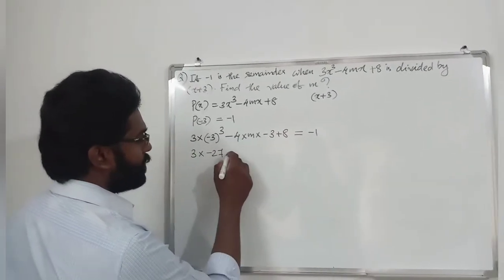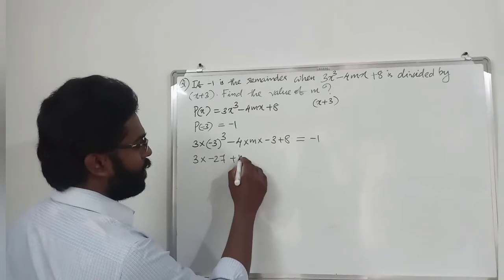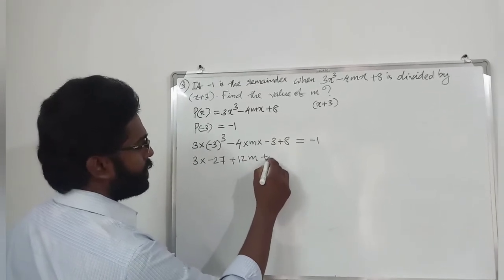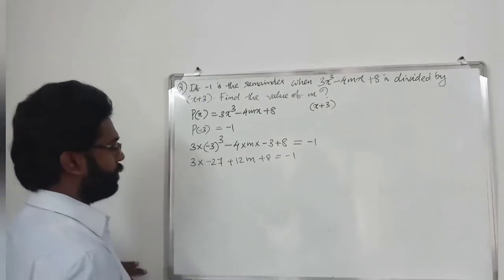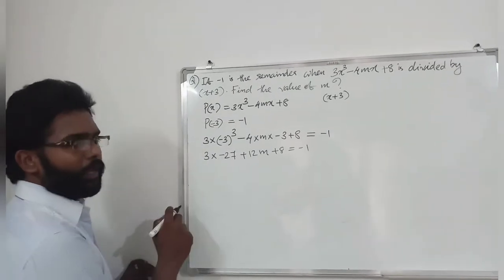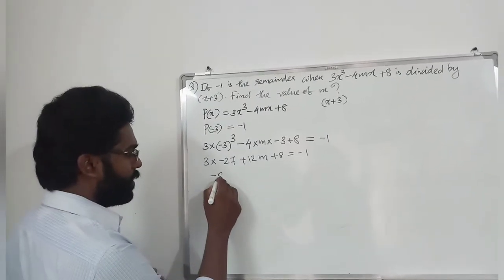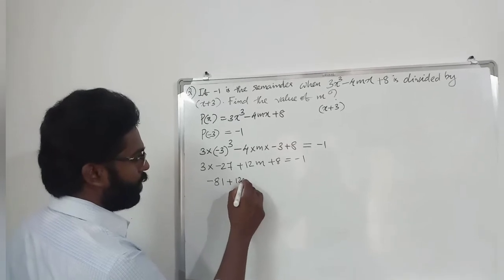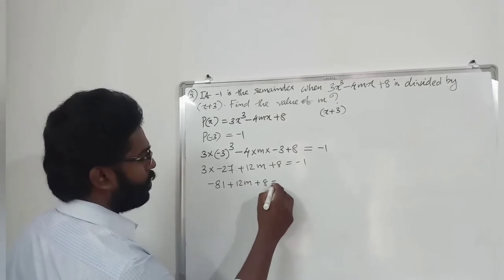Here minus into minus is plus. 4 3s are 12, 12m plus 8 equals minus 1. 27 times 3, 81. Here, minus 81 plus 12m plus 8 equals minus 1.